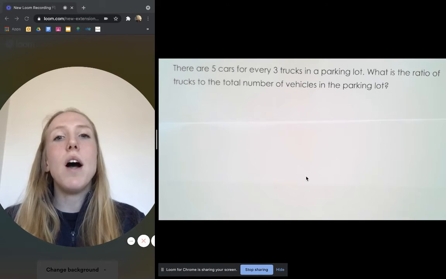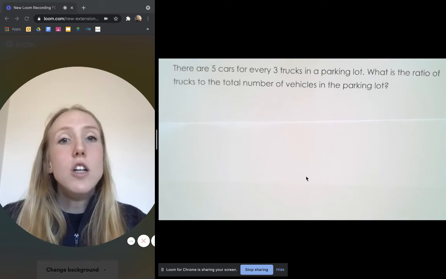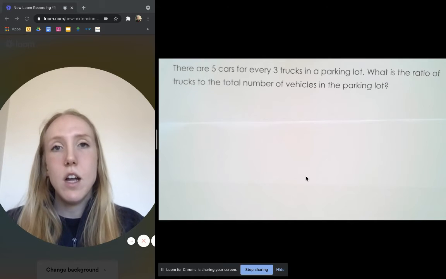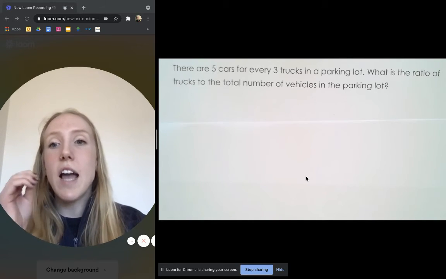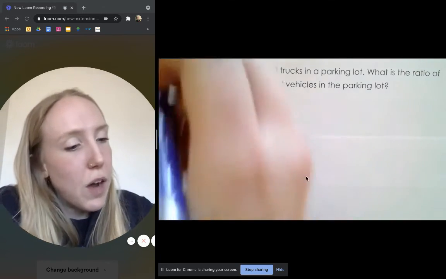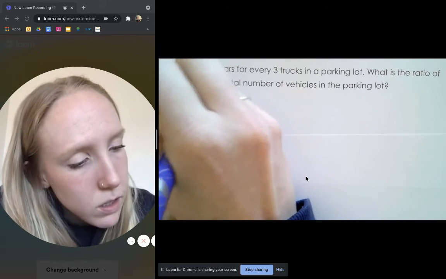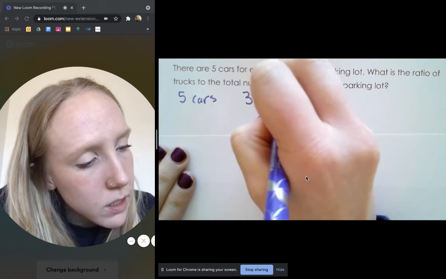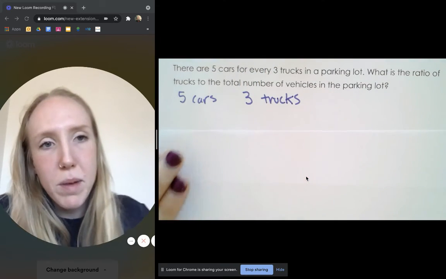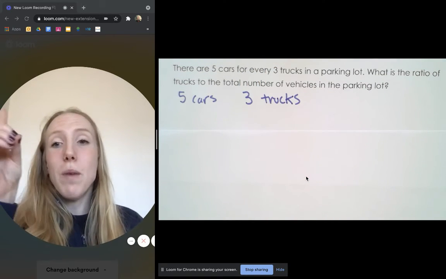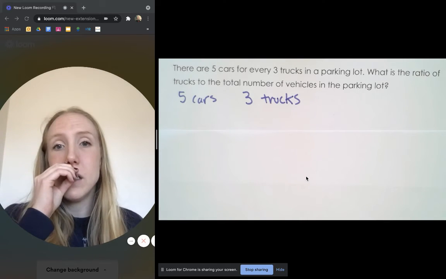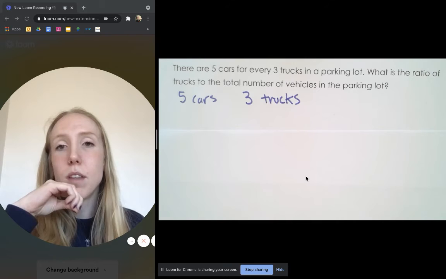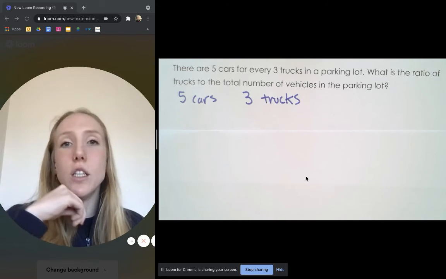What is the ratio of trucks to the total number of vehicles in the parking lot? So this kind of switches it up a little bit. So there's 5 cars, 3 trucks. I'm highlighting the important information. Now, what the ratio is asking for is not cars to trucks, not trucks to cars.